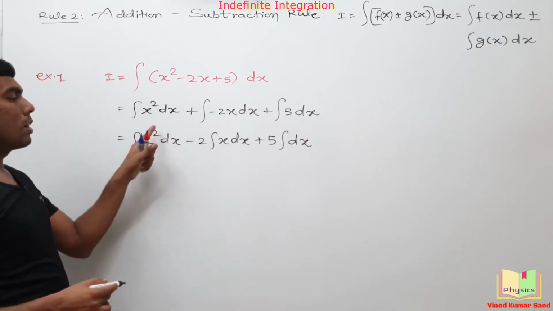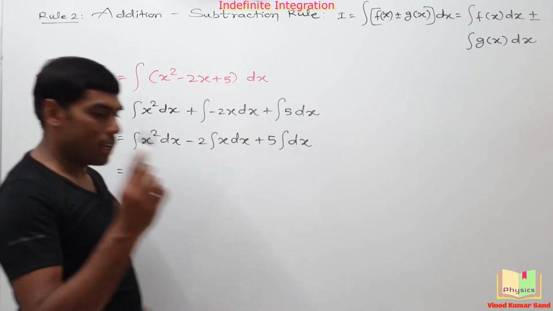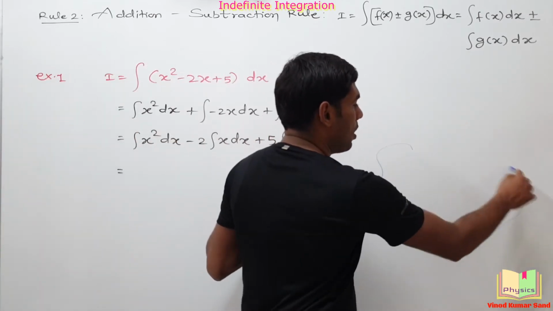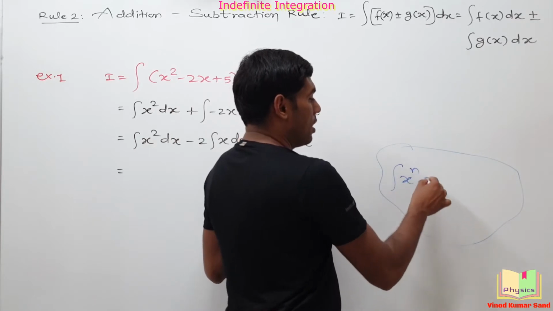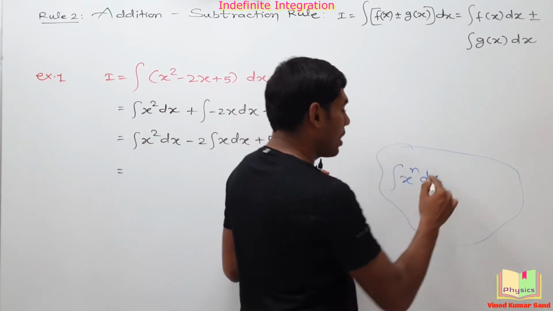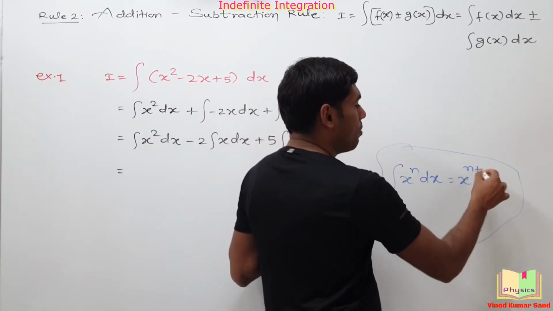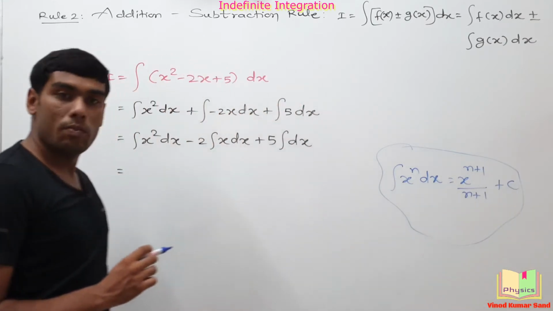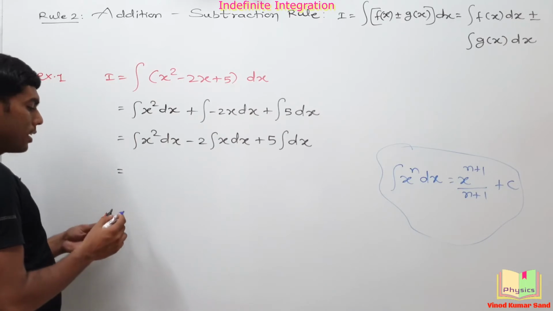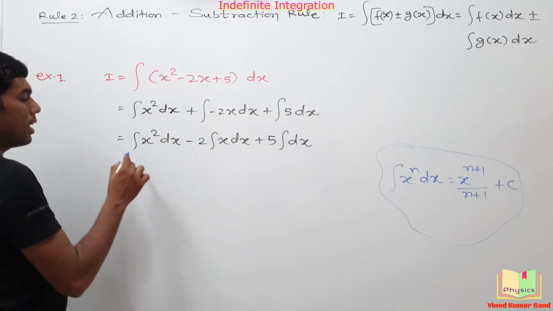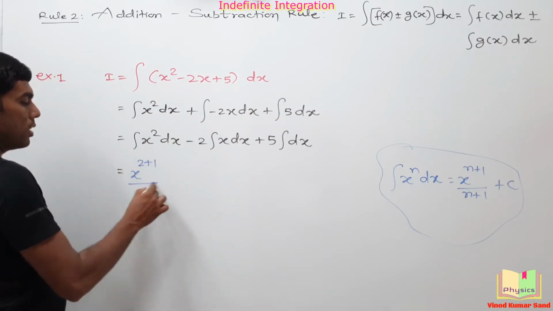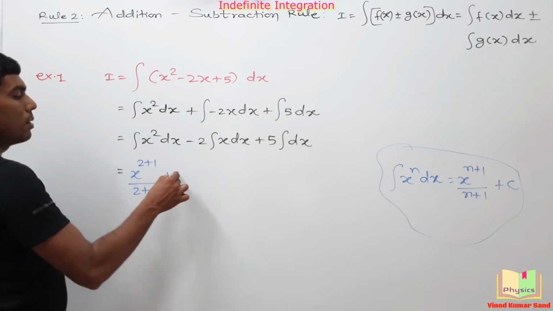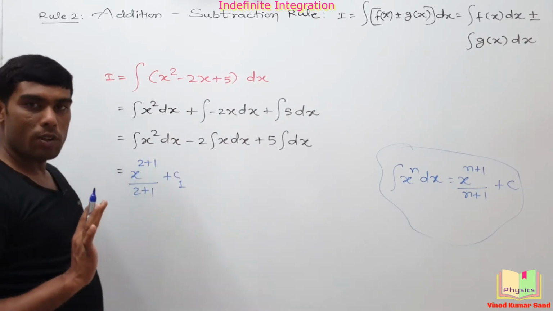Integration of x square with respect to the variable x. I hope you people remember that formula. What was the answer? x to power n plus 1 divided by n plus 1 plus some constant c. Utilizing that, here we should be writing x to power 2 plus 1 divided by 2 plus 1 plus some constant c1.